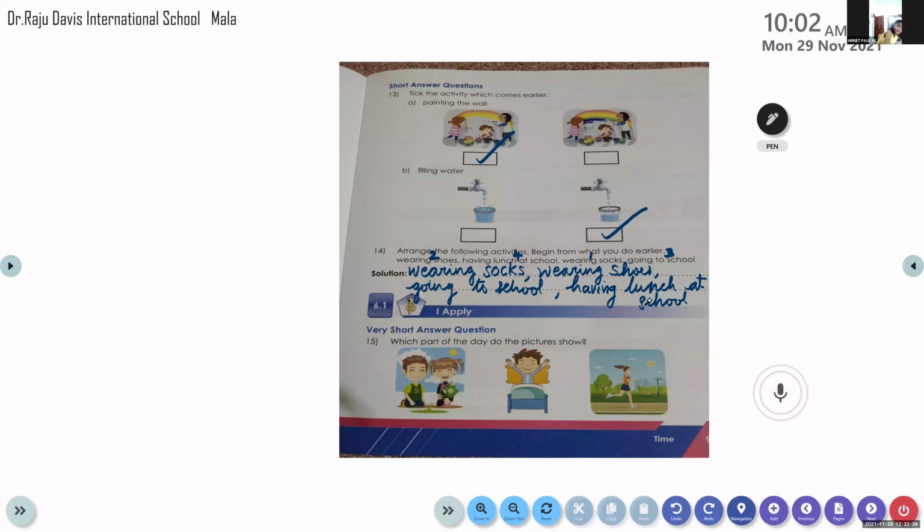Completed. Okay, good. Some students are writing, let them complete, then we can move to the next one. Those who have completed, try to read the next one. You mute your device and try to read the next question and find out the answer.